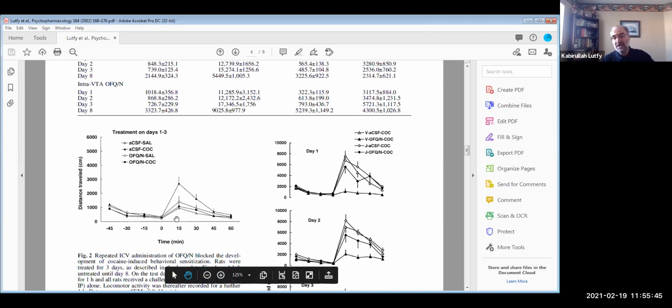This was the paper that we published in Psychopharmacology in 2002 when I was at UCLA. So you can use this as a model of addiction, and not only did we block sensitization, in our other paper we were able to actually reverse sensitization, which shows that this peptide could be effective.